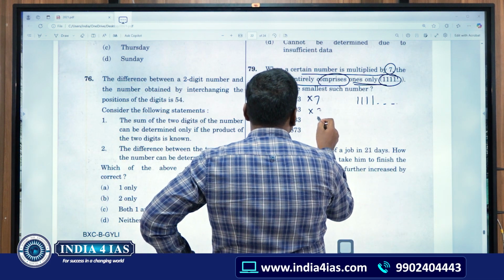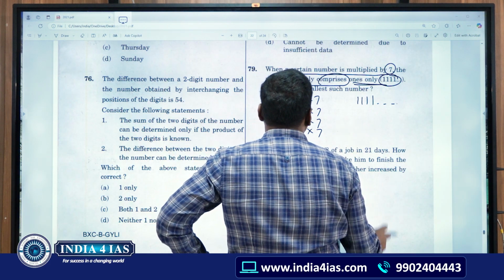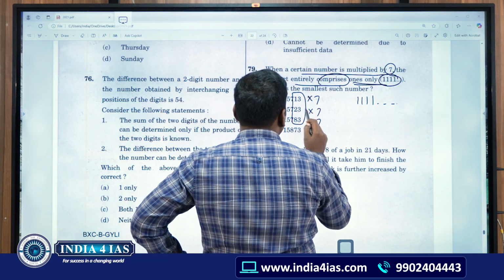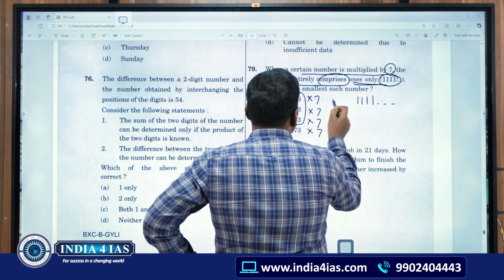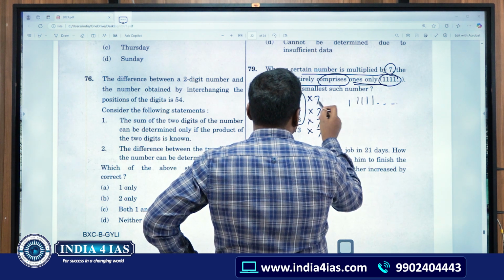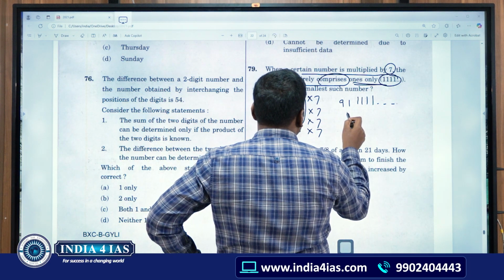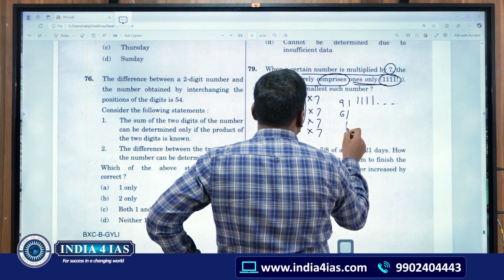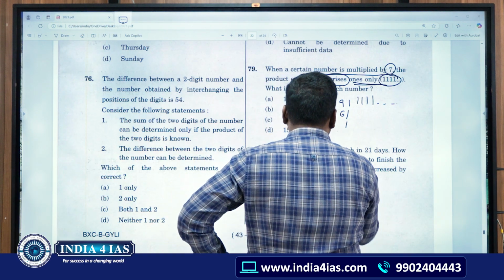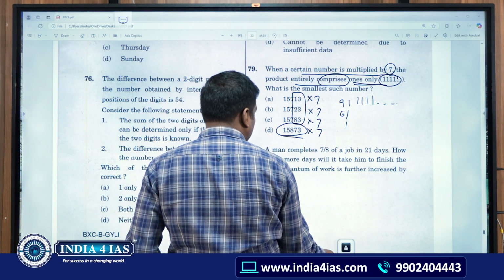You have to try with all these things and see the digit. Here, 7 3s are 21, then 7 13s are 91. So this will not suit. So here 61, 7 3s are 21, then 7 8s are. If you go on doing like this, you will get the answer. So I think this is the right answer that we get. This is just a trial and error method.